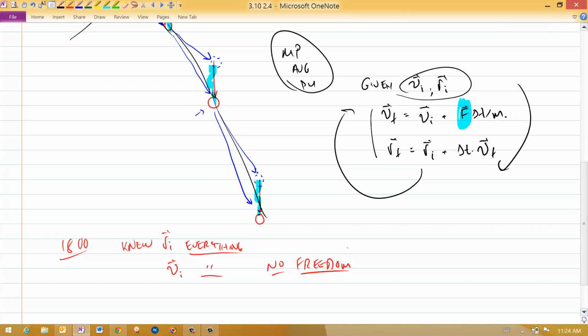The entire universe is going to run forward because of the momentum principle and the position update principle. There's no room left for free will, anything like that. It's just a mechanism that runs forward in time.